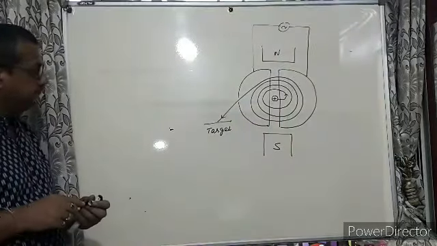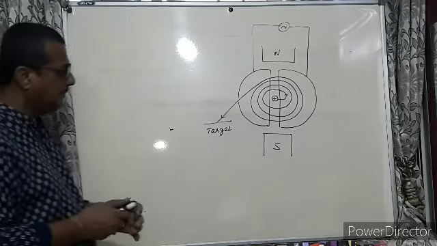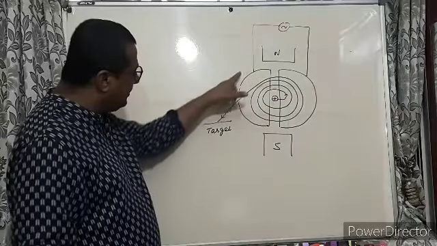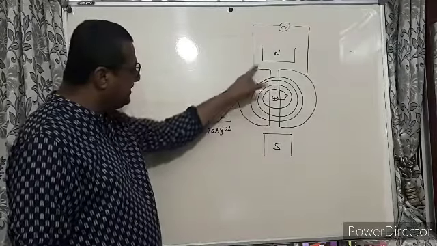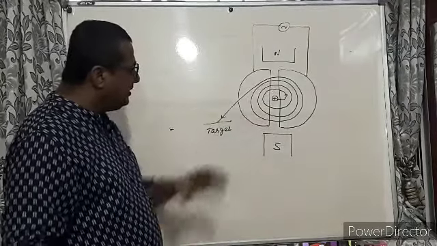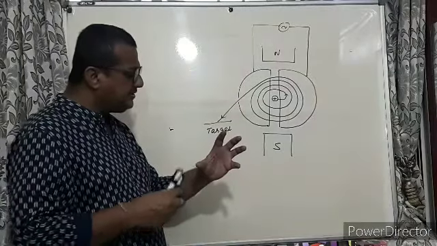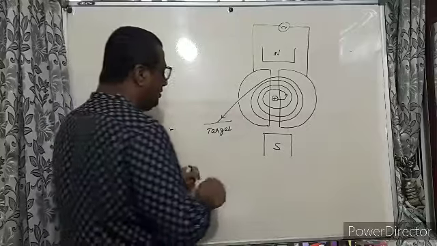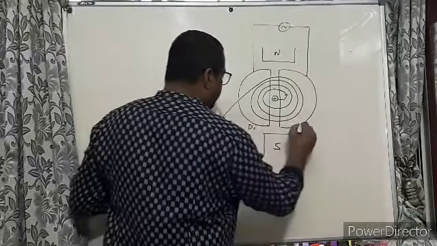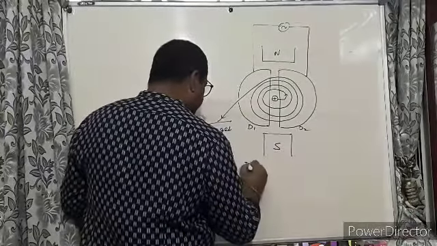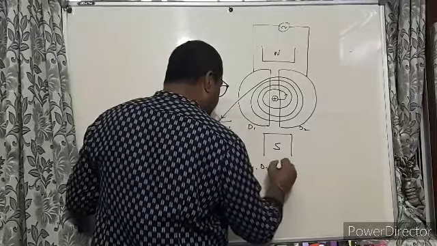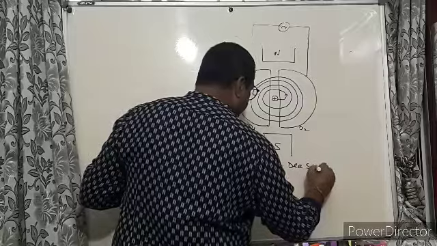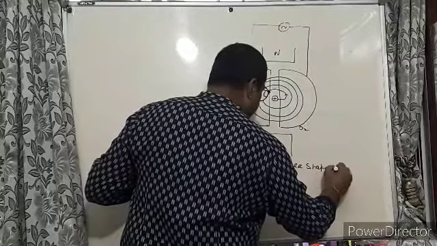Now, this is the diagram of cyclotron. What is this? Actually, this is the D-shaped device. Its shape is D, and this D-shaped device is totally hollow. This side also is hollow. This is called D1, D2, the D-shaped device.